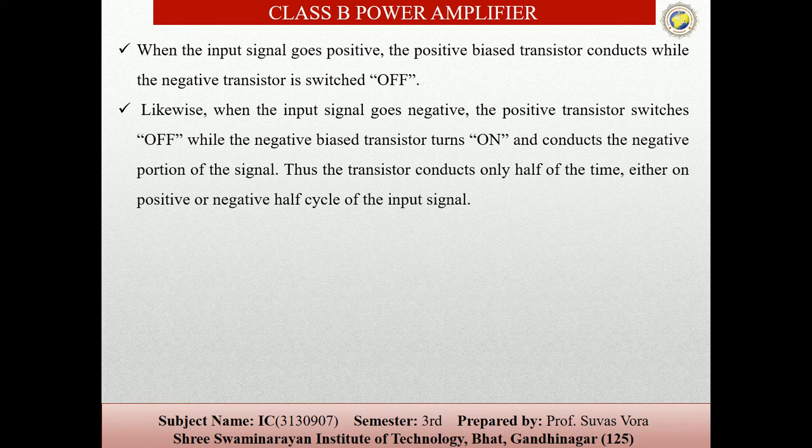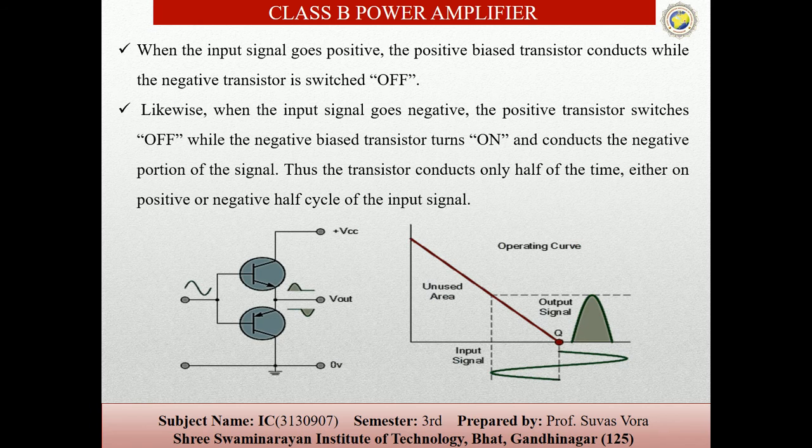Likewise, when the input signal goes negative, the positive transistor switches off while the negative-based transistor is turned on and conducts the negative portion of the signal. Thus the transistor conducts only half of the time, either the positive or negative half cycle of the input signal. So you can see here that there are two transistors: when the half cycle is positive we get the positive half cycle, and when it is negative we get the negative half cycle, so we only get a half cycle.